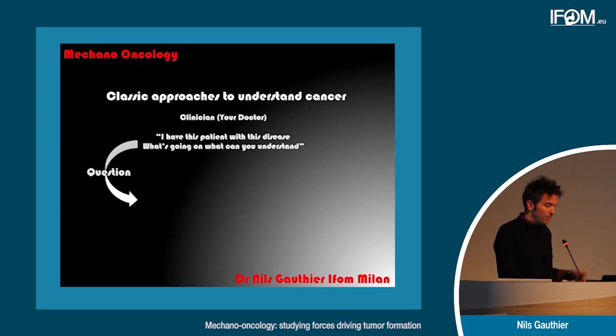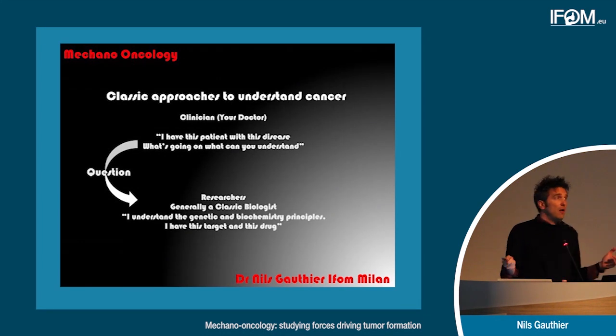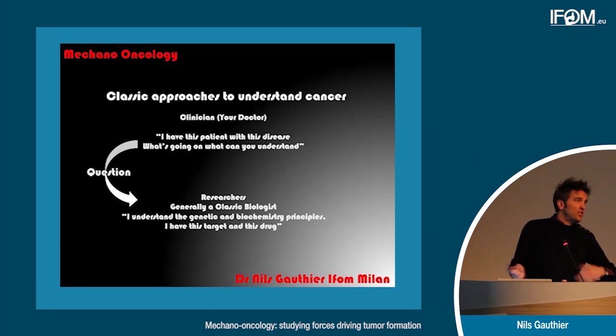So the doctor has a question. And the question will be asked to a scientist, a researcher, mostly a biologist. And the biologist will work for years, like 5 years, 10 years, and will understand probably the genetic and the biochemistry principle, meaning there is a mutation, and there are some elements in your chemistry that don't work.